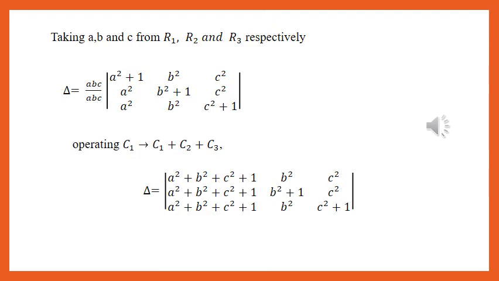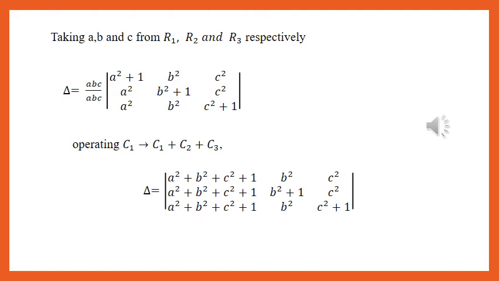Then the determinant. Now we see if you do the operation C1 as C1 plus C2 plus C3, we will be getting a square plus b square plus c square plus 1, a square plus b square plus c square plus 1, a square plus b square plus c square plus 1. Then the second and third columns are as they are. So how did we reach this step?